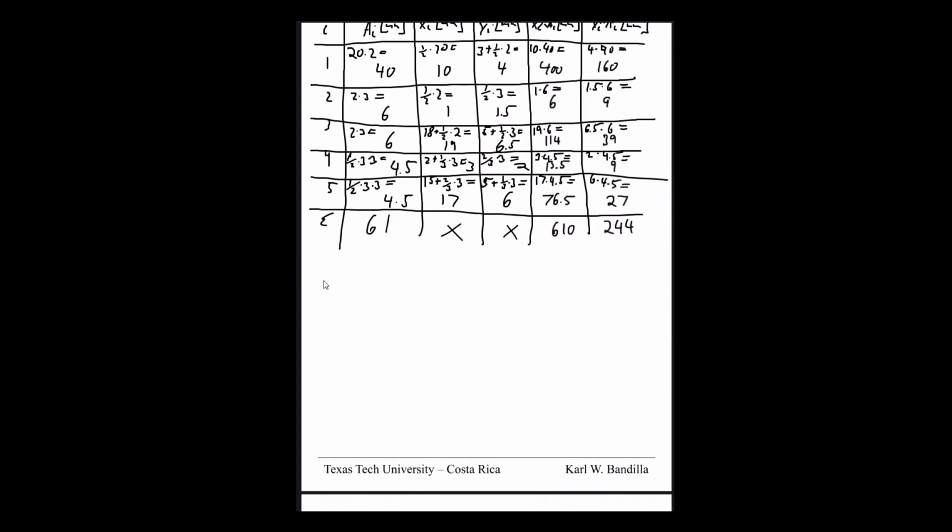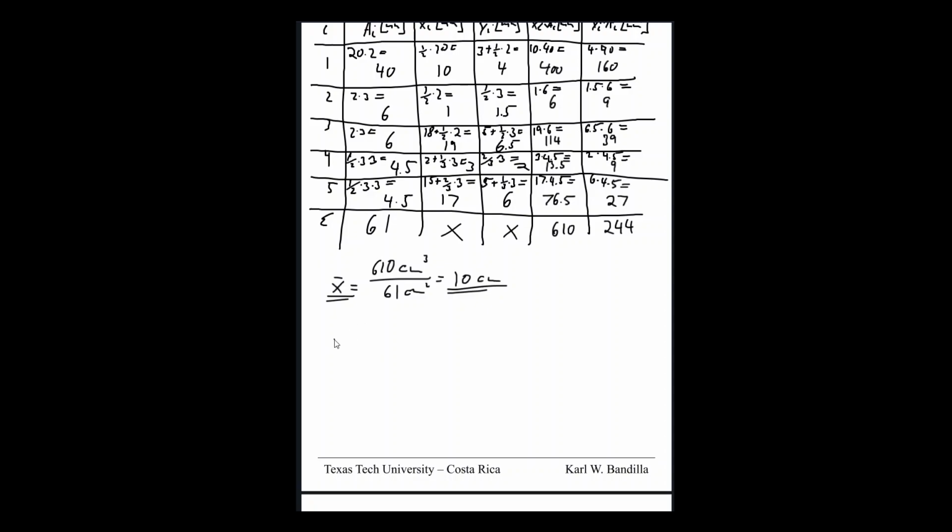So that means my x bar is going to be 610 centimeters to the third divided by 61 centimeters squared. 10 centimeters. Nice. That is good.